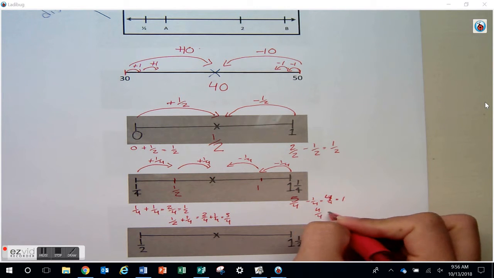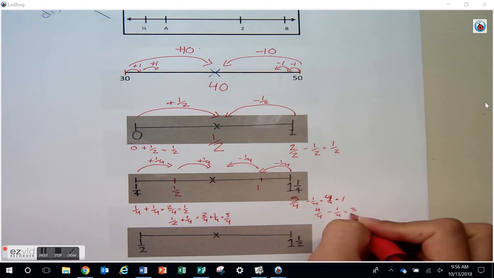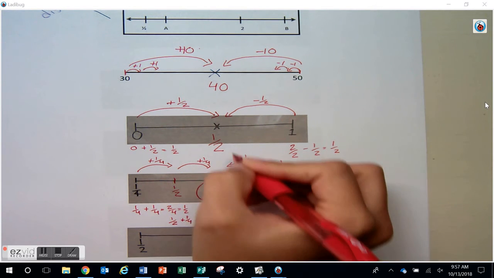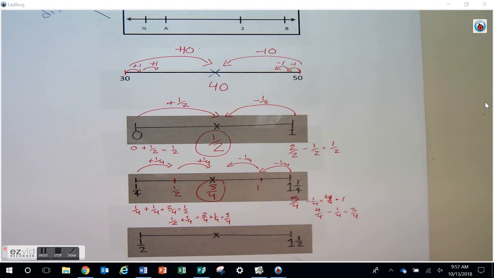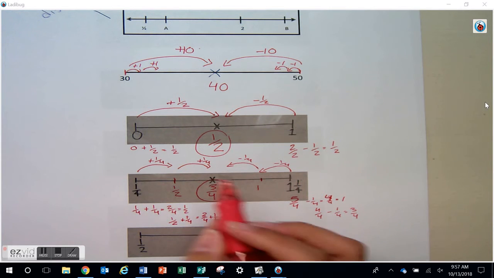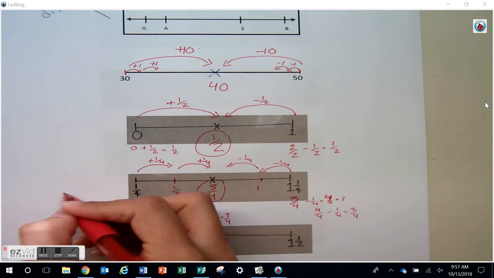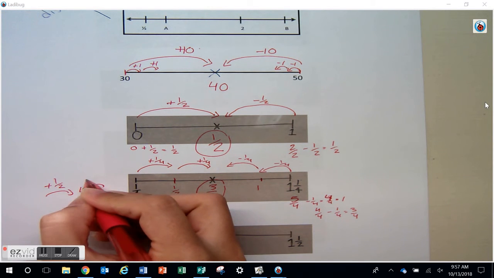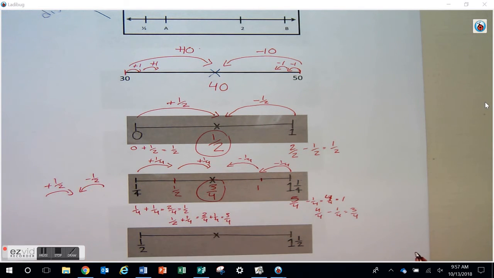We found our midpoint here at 3/4. Now, if I could have sped this up a little bit, I would have seen that I could have started and added 1/2 and subtracted 1/2 to get to my midpoint, that middle point between those two numbers.